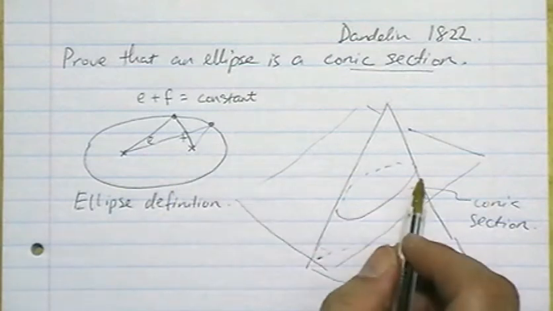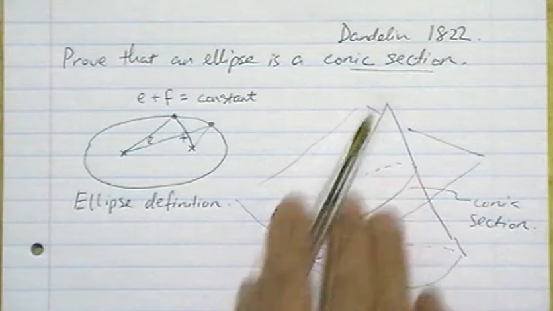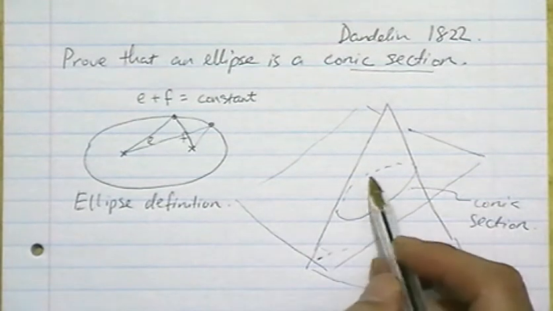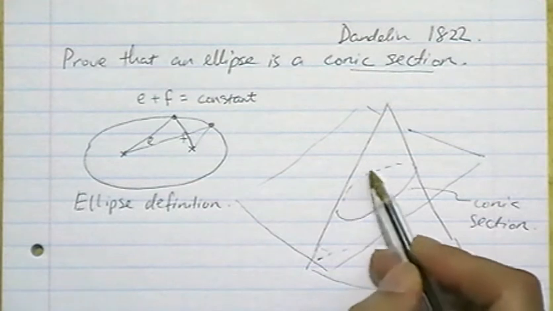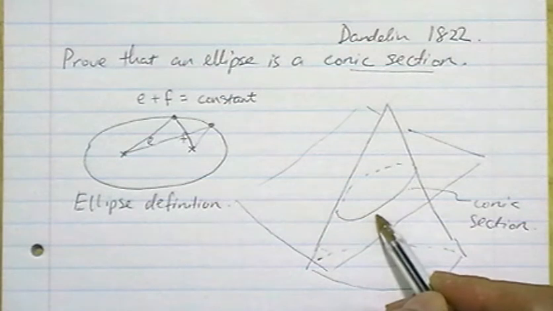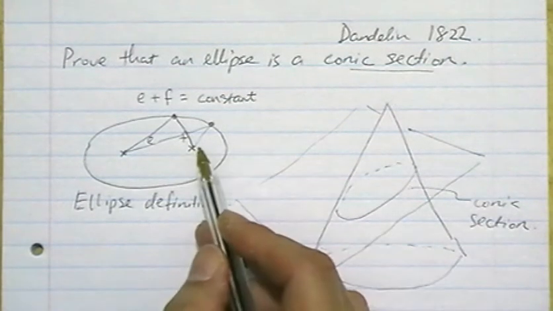So when we say to prove that an ellipse is a conic section, that means that we need to show that this curve, this loop here, is an ellipse.